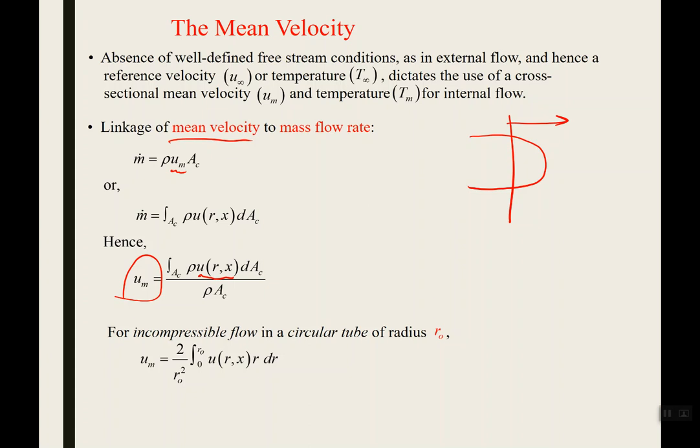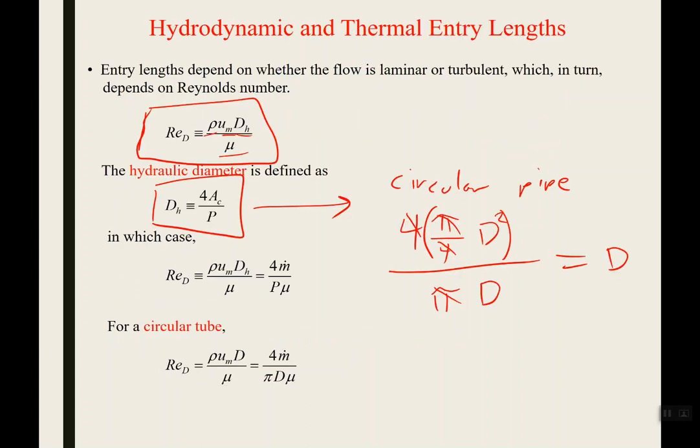However, we sort of neglect those by just treating them as the mean velocity or the mean temperature. So basically, when we talk about the mean velocity or the mean temperature, we're just assuming that all of our analysis can be done by just taking the average fluid velocity or fluid temperature at a particular distance down the length of the pipe. So we're neglecting these radial variations.